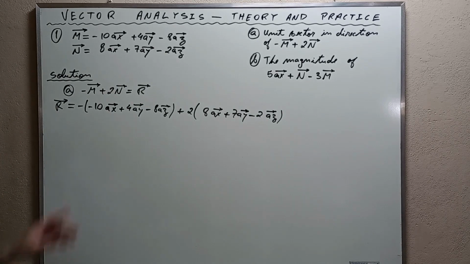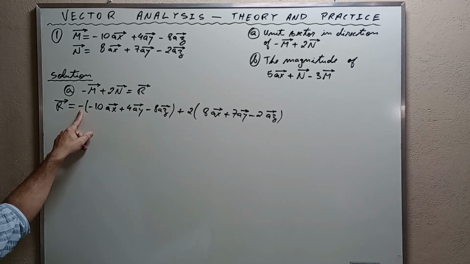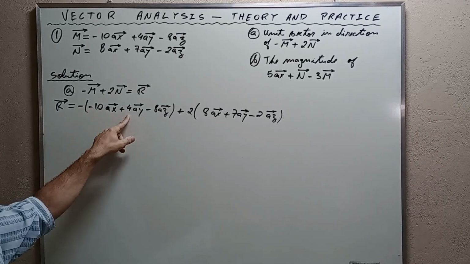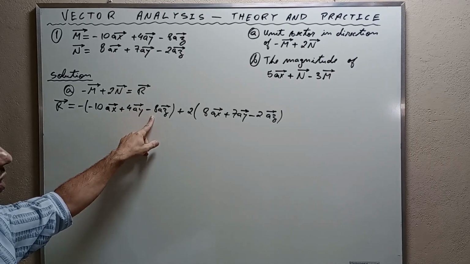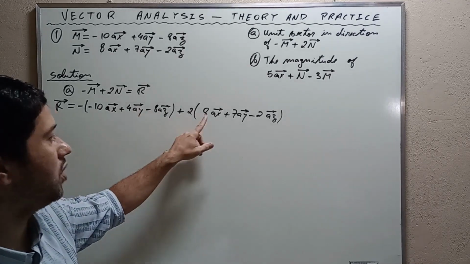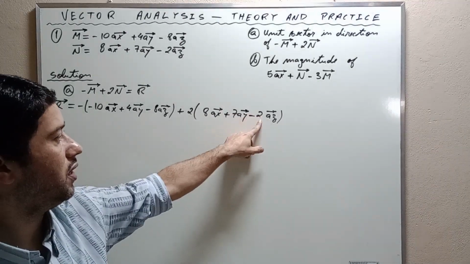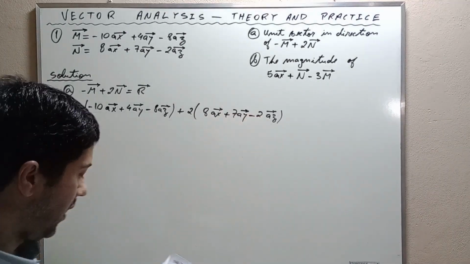Now we simply do it. This negative here causes this to be positive, causes here to be negative, and here to be positive. And this 2 here causes here to be 16, here to be 14, and here to be negative 4.